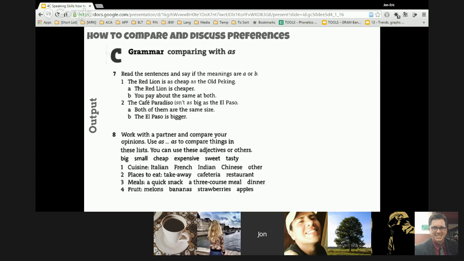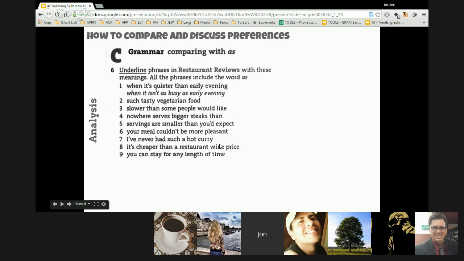No, in the previous page, the case of El Paso. Nowhere serves bigger steaks than... I know that this is it has the biggest steak, but how can we use as? Oh yeah, that's why I skipped it, because we didn't read all the reviews, but it says nowhere serves bigger steaks than.